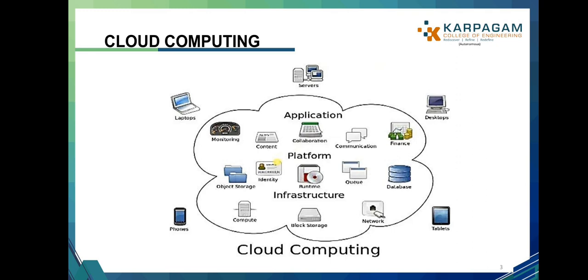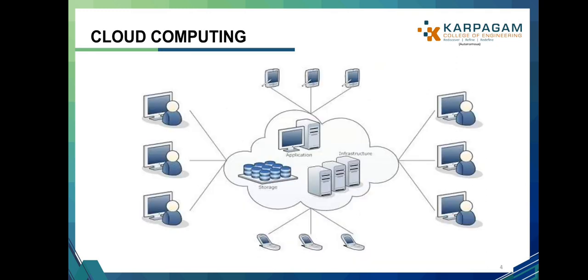There we can have content, collaboration, communication and all the finances. All the electronic gadgets can communicate in an easy manner through cloud computing. This diagram represents another way of showing storage, application and also the infrastructure.